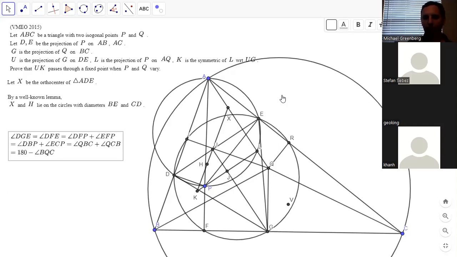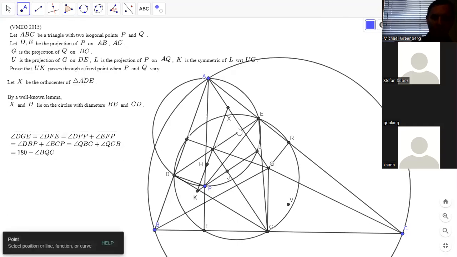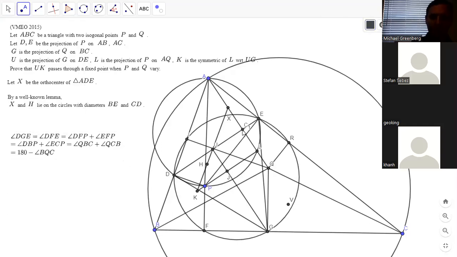Okay, so well, KU and X are collinear by symmetry because if you reflect L across UG, yeah, I mean, basically, like this is a rectangle, right?